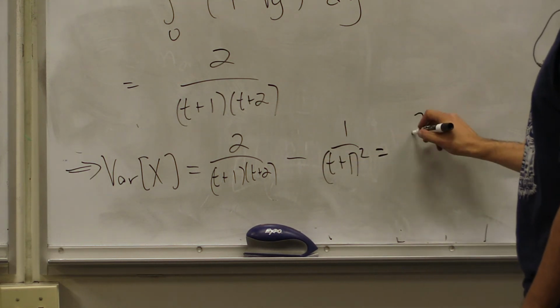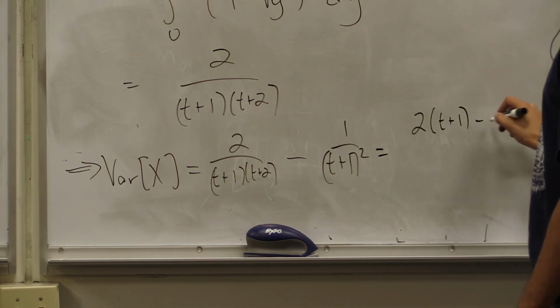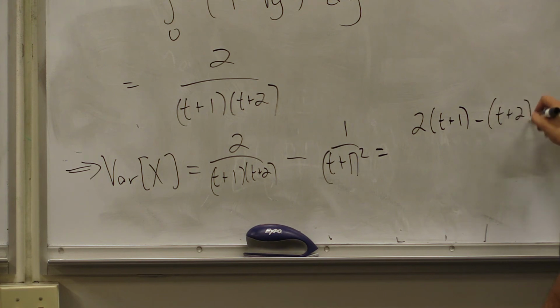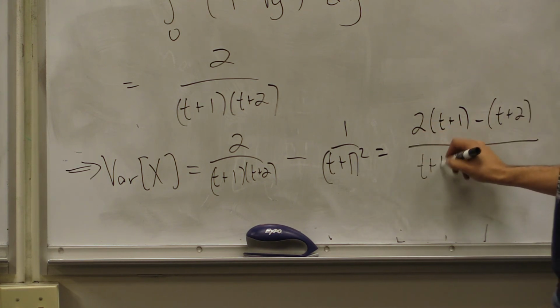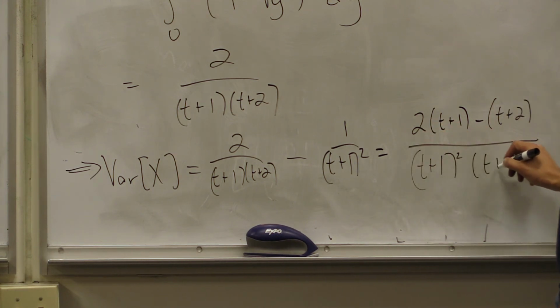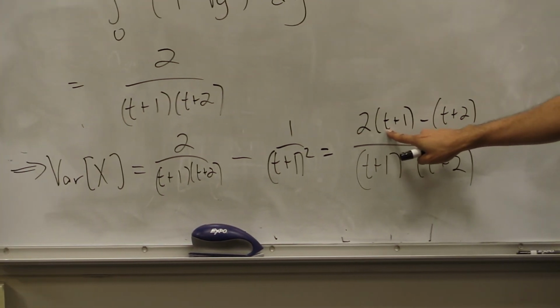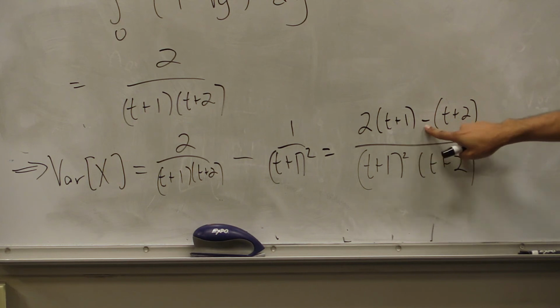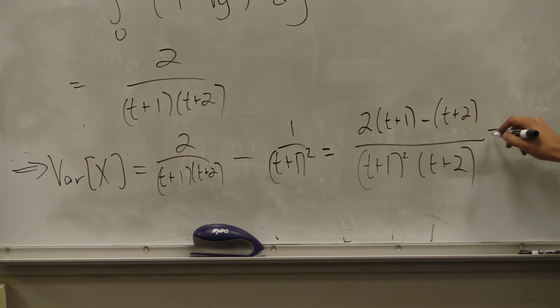This is equal to (2(t plus 1) minus (t plus 2)) over (t plus 1) squared times (t plus 2). The numerator is 2t plus 2 minus t minus 2. So this is exactly equal to t over (t plus 2) times 1 over (t plus 1) squared.